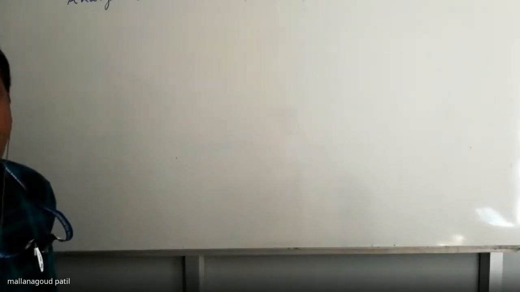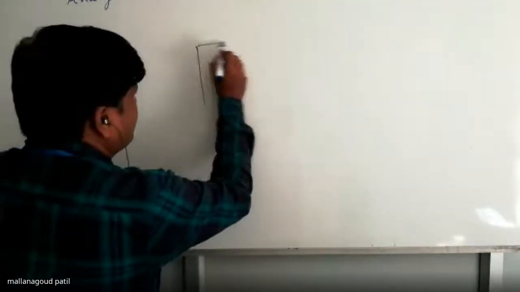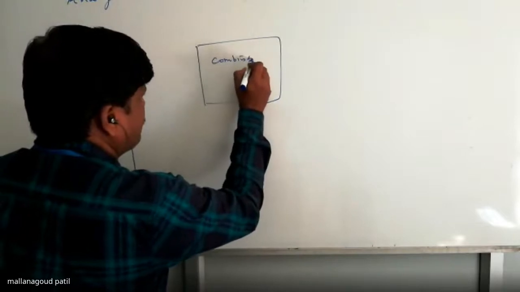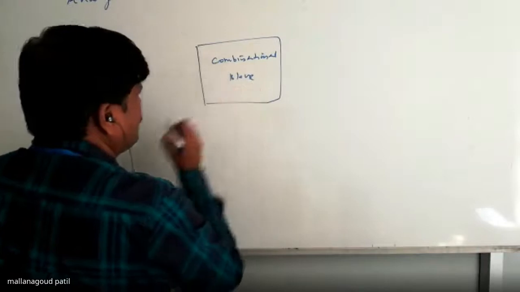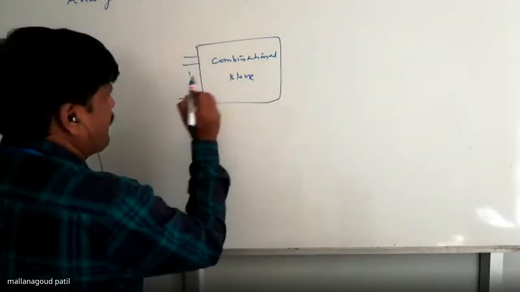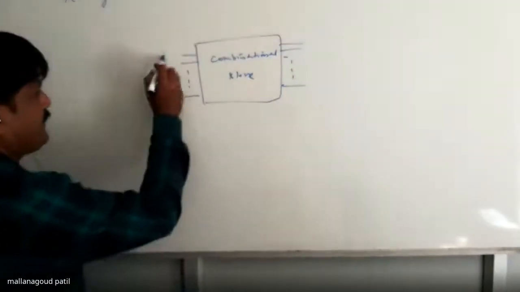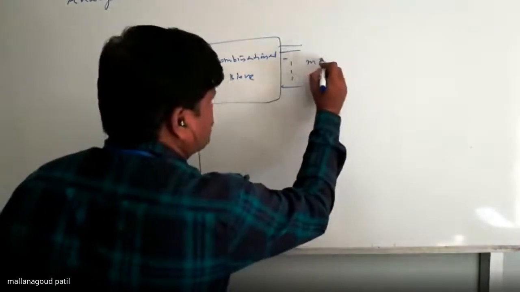As you know already, the general approach of the combinational logic design: when you are taking a combinational block, you have a number of inputs as well as a number of outputs. Let n be the inputs and m the outputs.